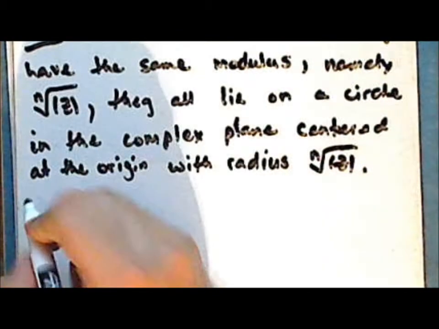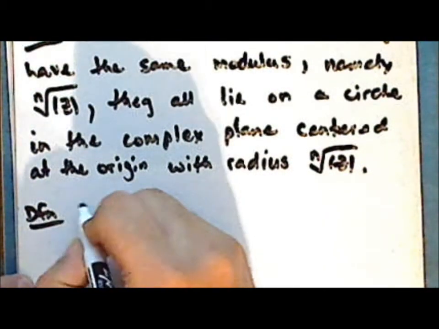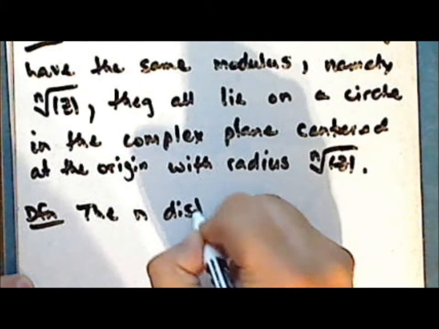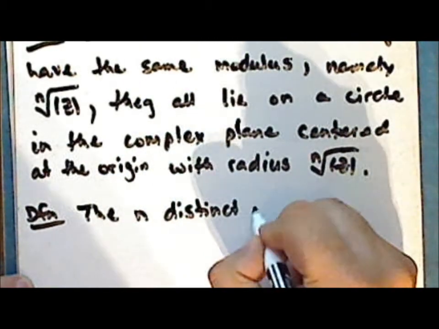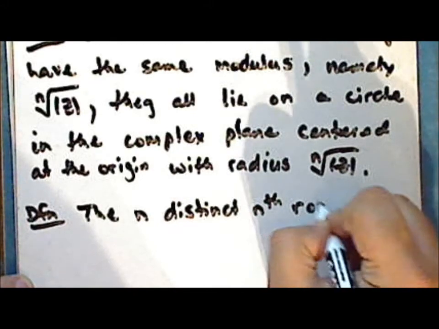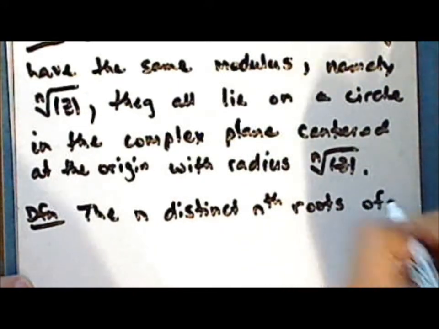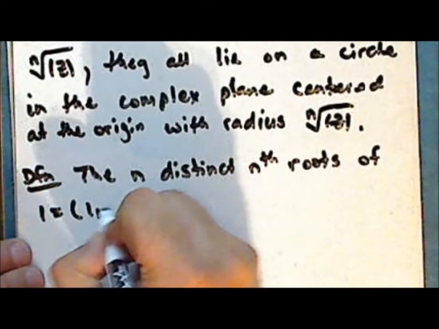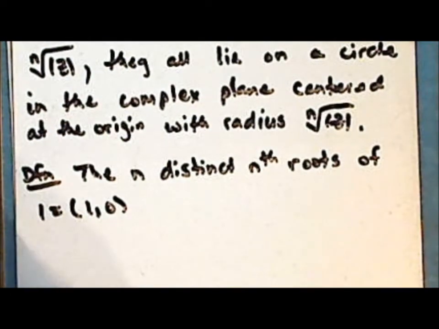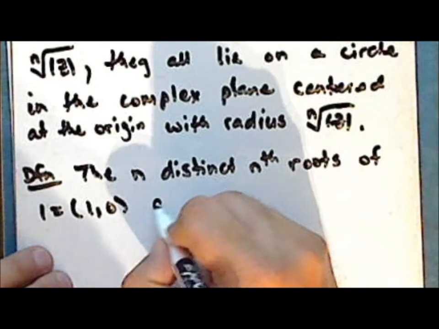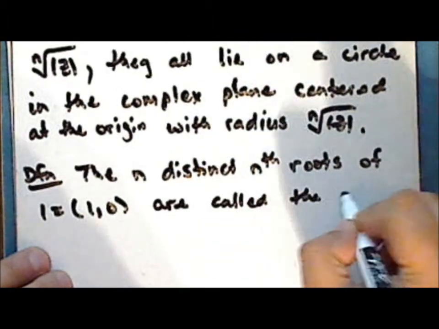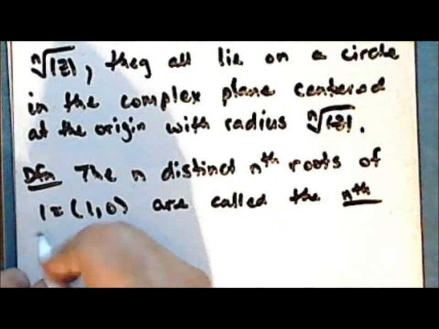All right, new definition. The n distinct nth roots of the number 1, which is the ordered pair 1, 0 in the complex plane, are called the nth roots of unity.